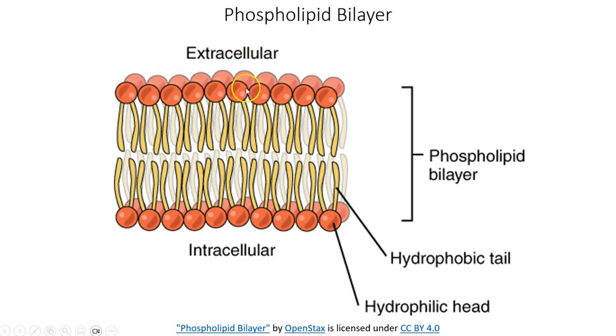So we've got those water-loving heads, the water-friendly heads, facing outside of the cell, and then we also have heads facing the internal part of the cell, or the intracellular area. And then those hydrophobic tails, those fatty acid tails, are going to be attracted to each other kind of in the middle of that bilayer. So bi means 2, so we have 2 layers made out of these phospholipids.